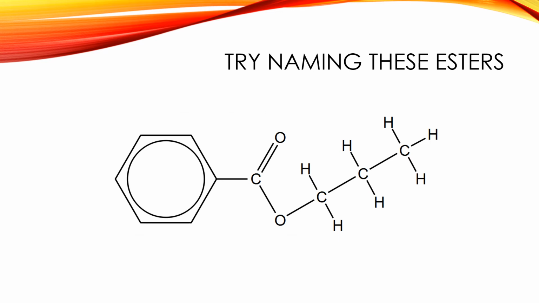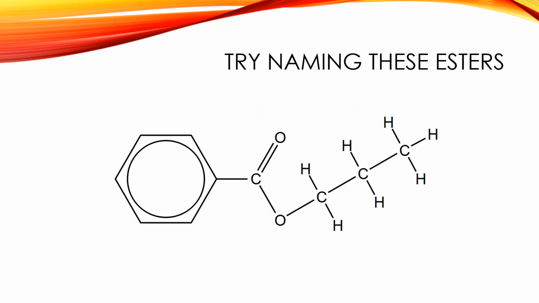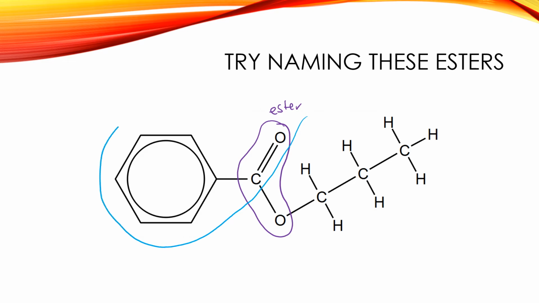Now let's try another ester. Stop, have a go, watch the answer, and then maybe go back again. This one is a little bit more complicated, but once again we find the ester group. The carbonyl group came from the acid, the carboxylic acid it came from, which you should recognise as benzoic acid.